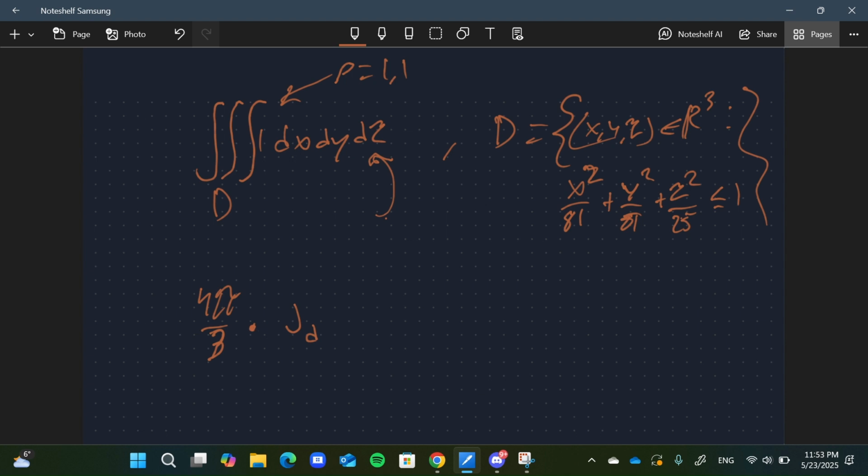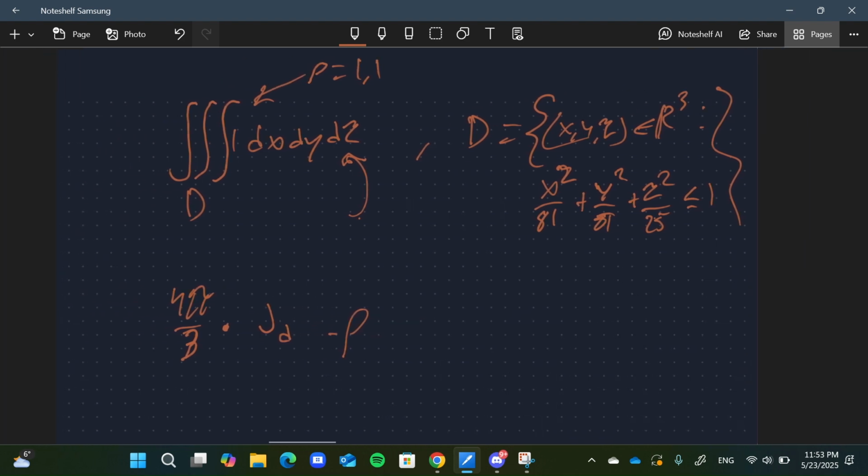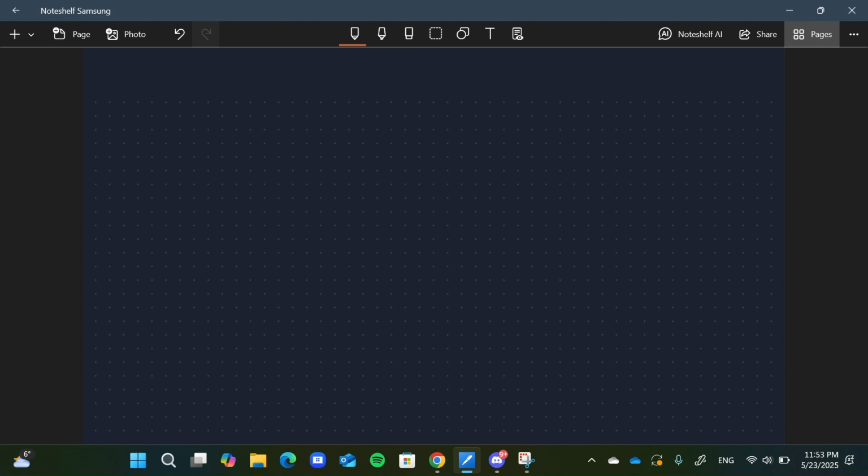We'll get the total volume, and then we'll multiply by density, of course, to get the total weight, sorry.